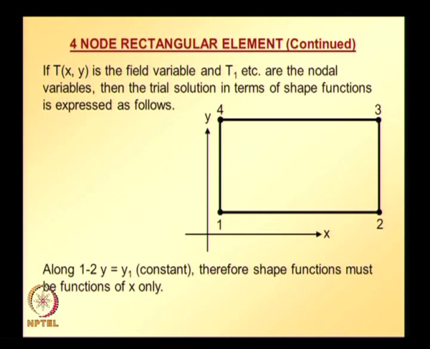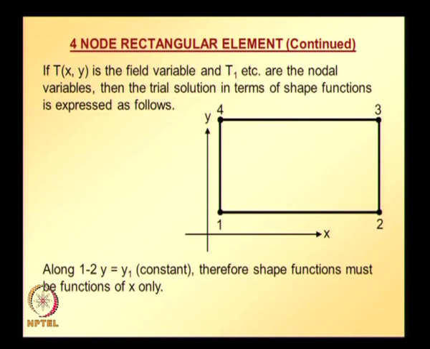First let us see only along line 1 2. Along 1 2 you can see from the figure y is going to be constant, y is equal to y1, therefore shape functions must be function of x only.